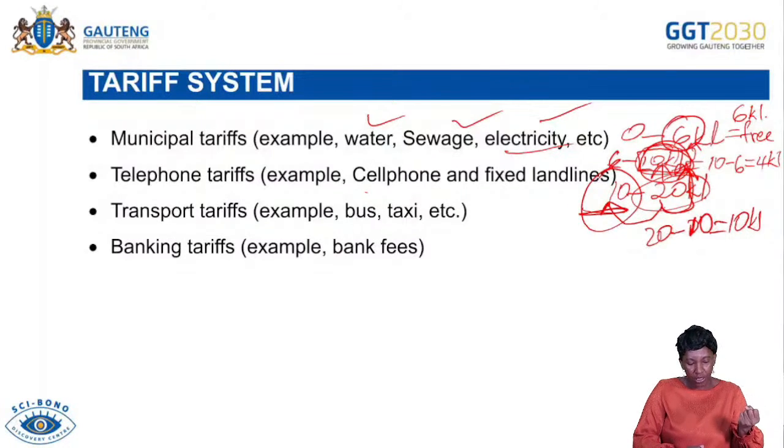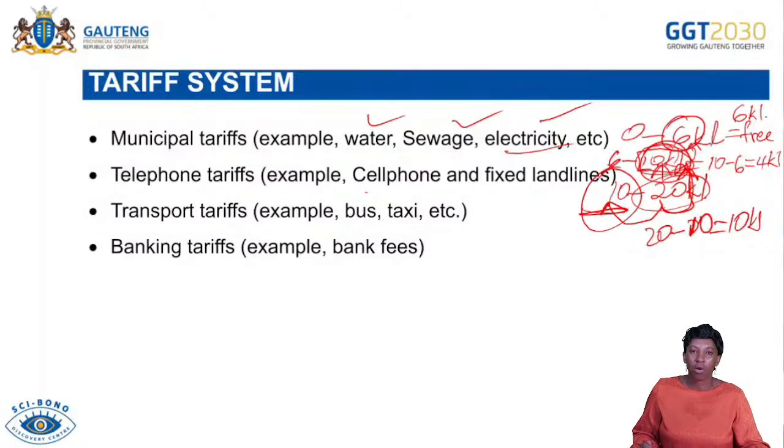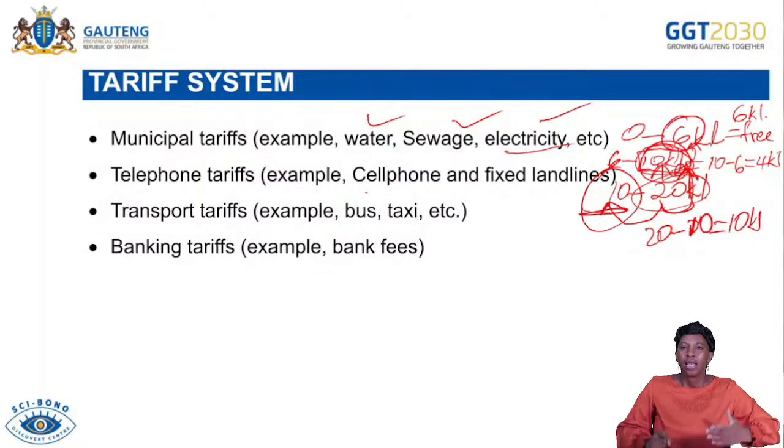There are different packages. They will say now we are giving you 150 minutes. But should I use more than 150 minutes, they will start charging me an extra amount for the extra minutes that I have used that are not covered under this 150.